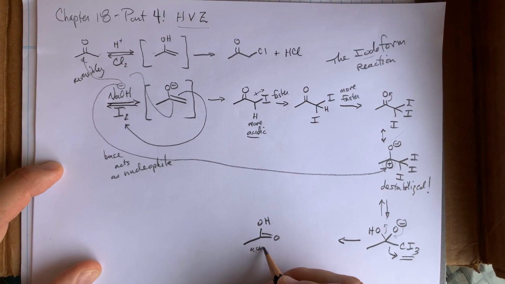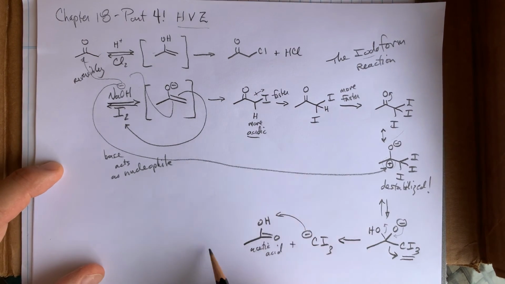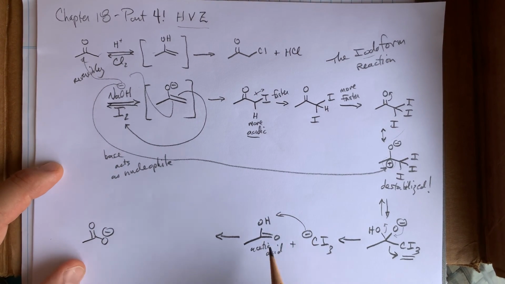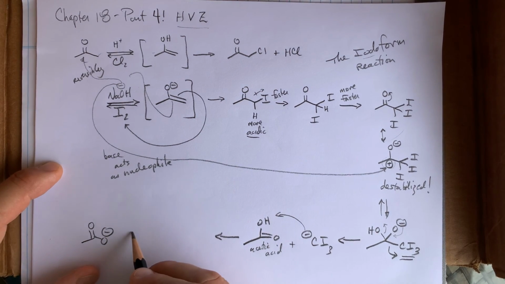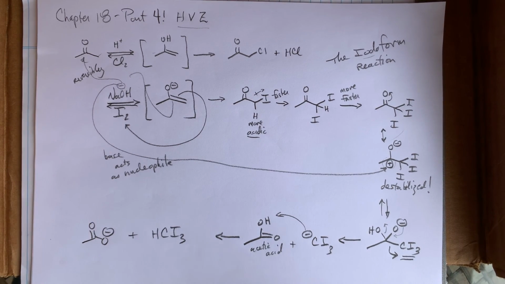acetic acid and iodoform anion, which of course we are under basic conditions, so this is going to be deprotonated by something, but for the sake of drawing this out, that will protonate the iodoform, and you get triiodomethane, which happens to be a solid.